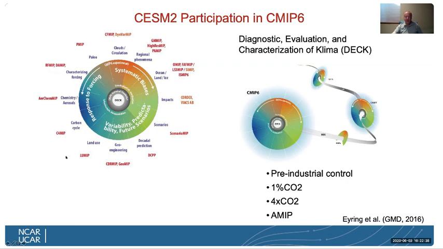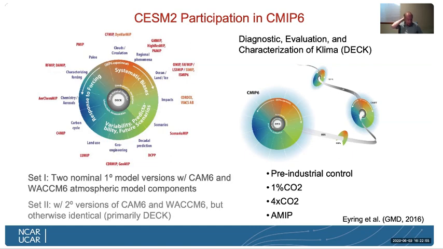Finally, at the outer edge, you can see the so-called endorsed model intercomparison projects, the various MIPs. All of these red MIPs, and we added quite a few, three or four additional ones, are the ones in which CESM is participating. In CESM, we are participating with two sets of simulations.